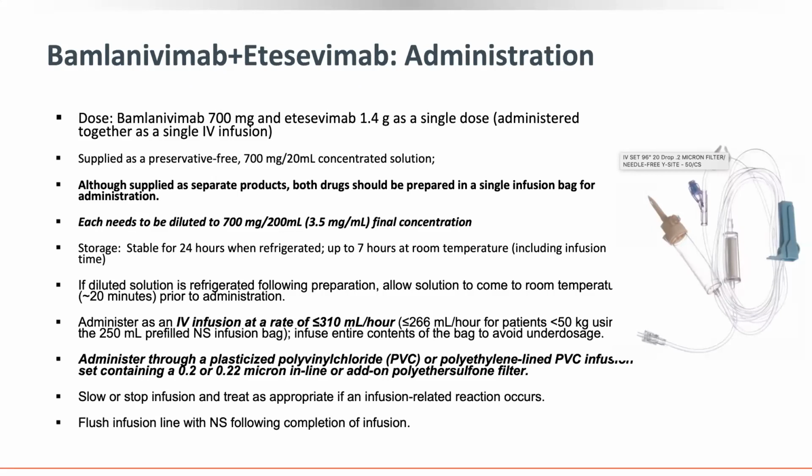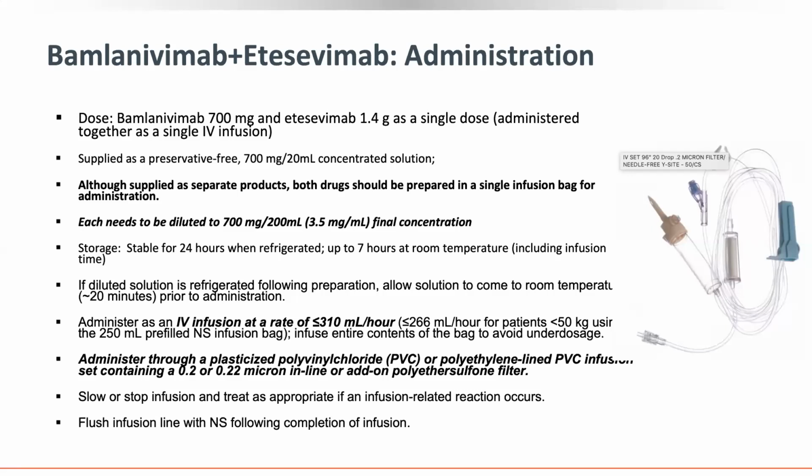These drugs can be administered by nurses, and the pharmacists can reconstitute, but even the nurses and the doctors can do the reconstitution as well. We give one 700 milligram bottle of bamlanivimab and 2 700 milligram bottles of etesevimab.